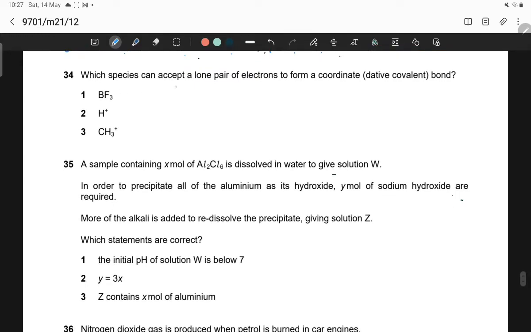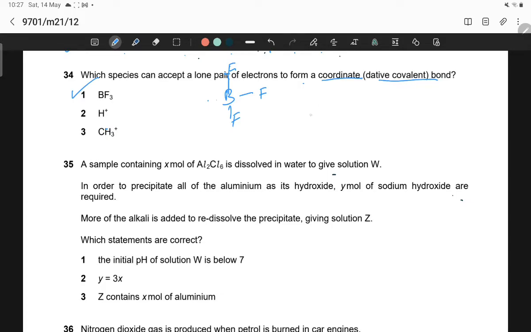Which species can accept a lone pair of electrons to form a coordinate covalent bond? So BF3, the structure is like this. It is deficient of octet, so it accepts the lone pair of electrons. So this is incorrect.